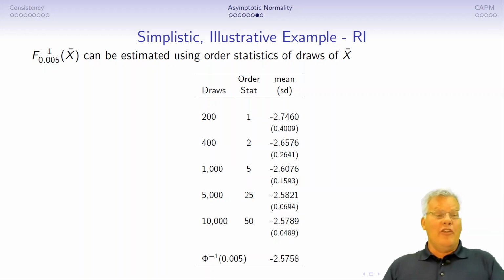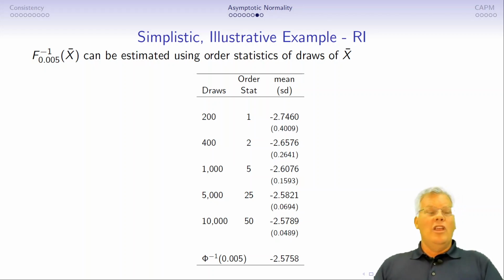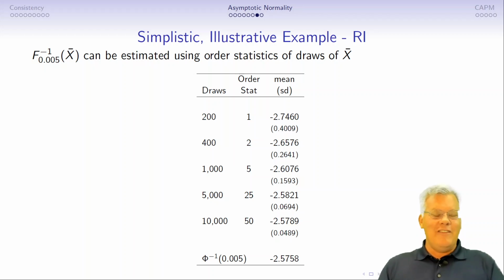So I'm claiming that if we take 200 draws, we compute the sample mean 200 times, the smallest sample mean that I've computed should be a somewhat decent estimator of that. Now, it turns out that order statistics themselves also have means and standard deviations based off asymptotic theory.